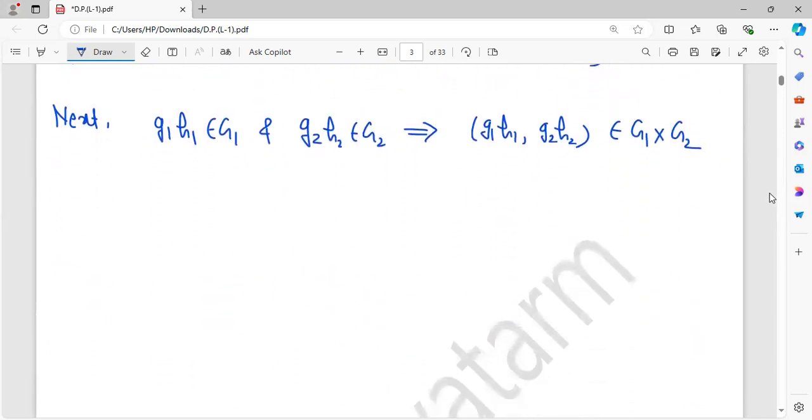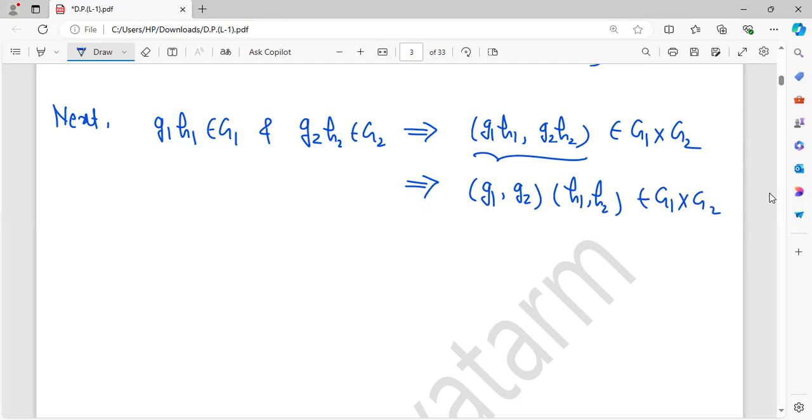So it means, what is this? This is nothing but (g1, g2) operation (h1, h2). Okay.